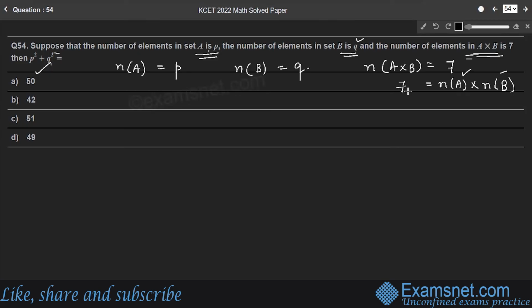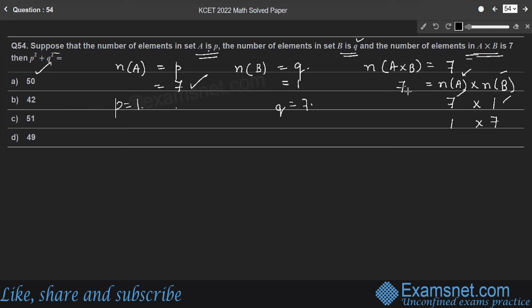Therefore, the number of elements in set A can be 7 or 1, so that the number of elements in set B will be 1 or 7. These are the two possible ways of selecting the number of elements in the respective sets, right? So if you consider the number of elements in set A as 7, P becomes 7 and Q becomes 1. If you consider P as 1, Q becomes 7, right?